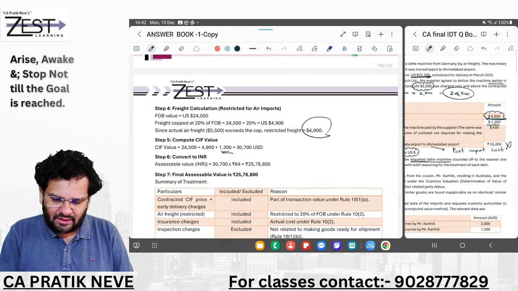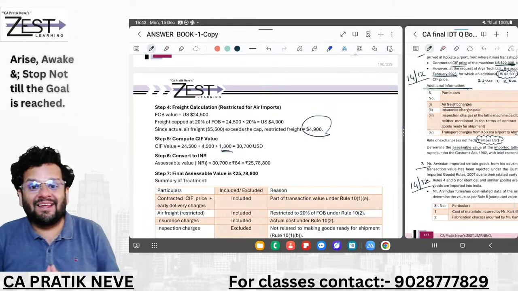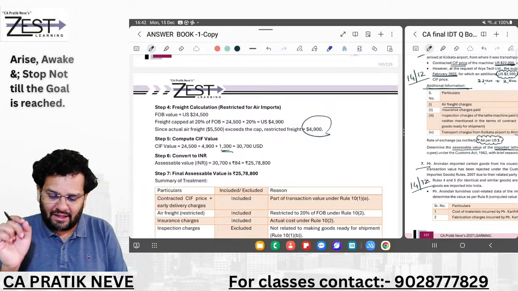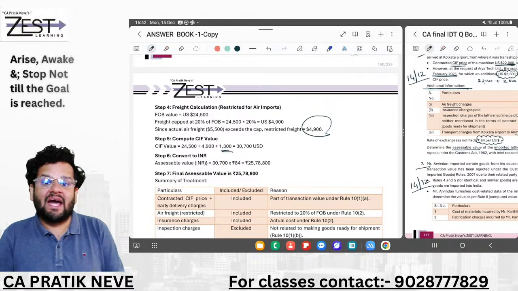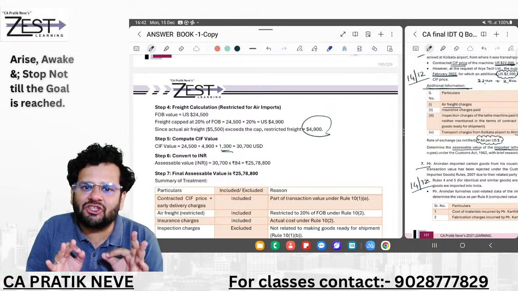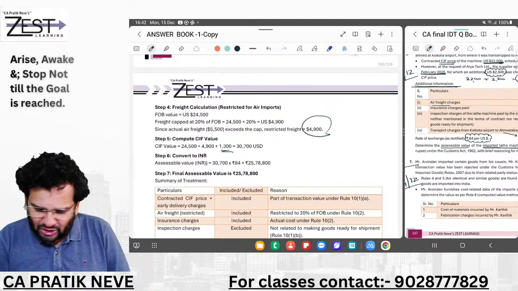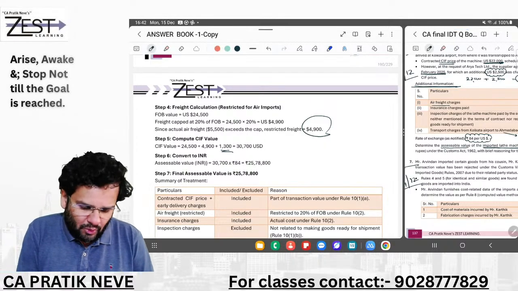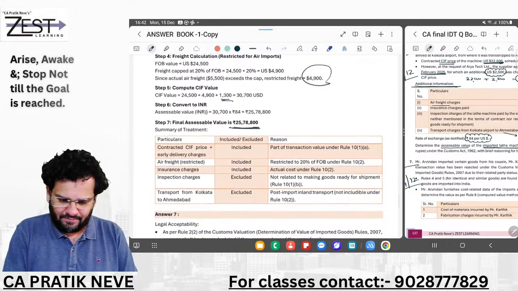So friends, 30,700 will be assessable value, but in dollars. Please convert it in rupees by applying the rate of exchange notified by CBIC as on the date of presentation of bill of entry. It's given that rate of exchange is 84, so your assessable value will be 25,78,800.